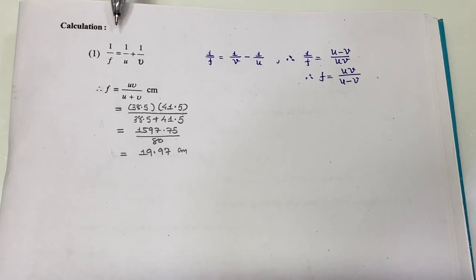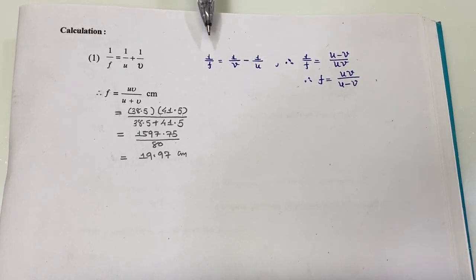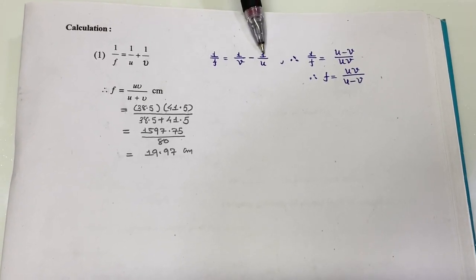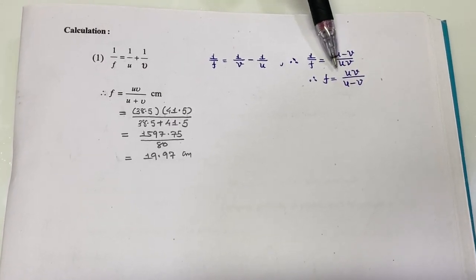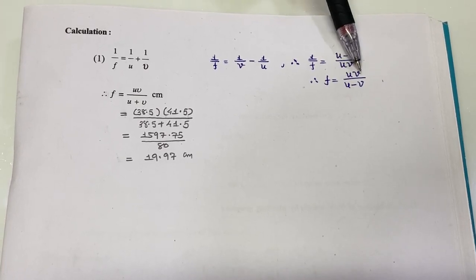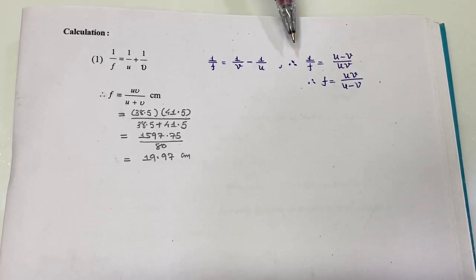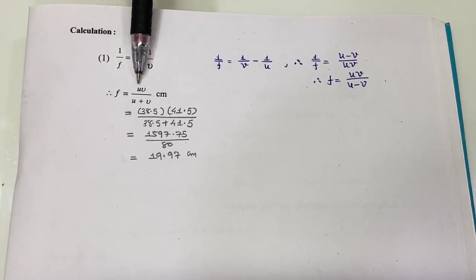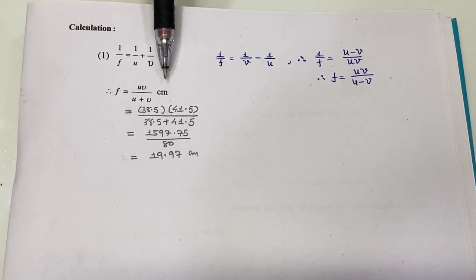Now we have the equation to calculate the focal length of the lens, that is 1 upon f equal to 1 upon v minus 1 upon u. So resultantly we will get f equal to uv upon u minus v. But if we take the values magnitude wise, then we can write f equal to uv upon u plus v also, right?